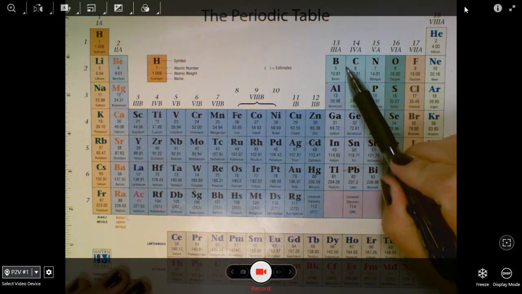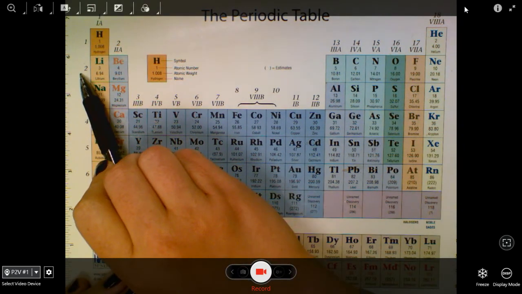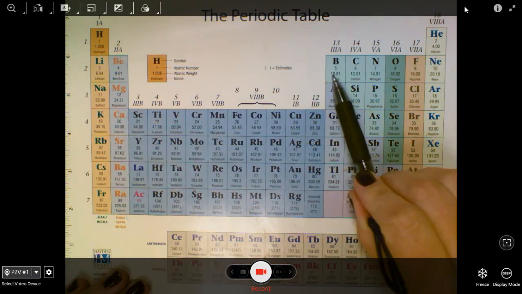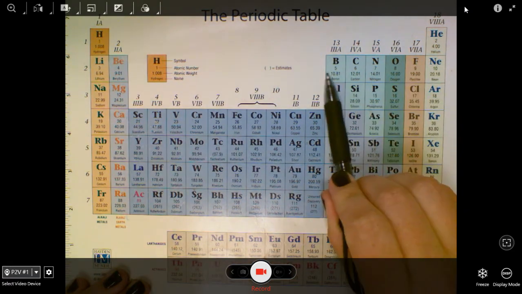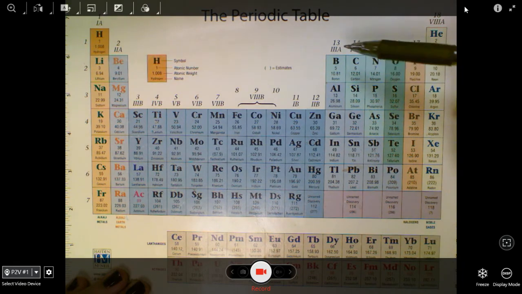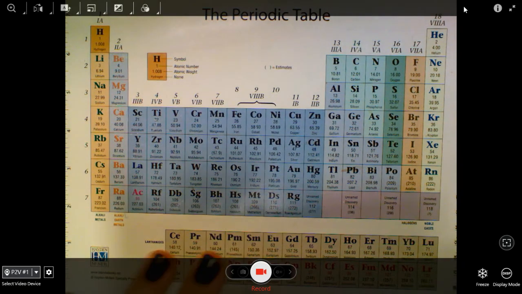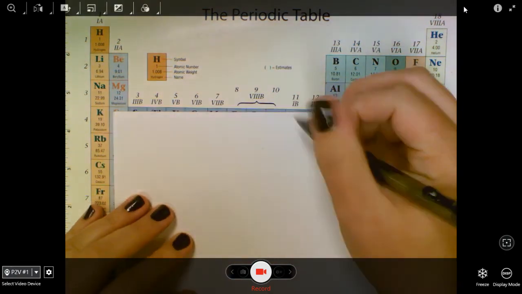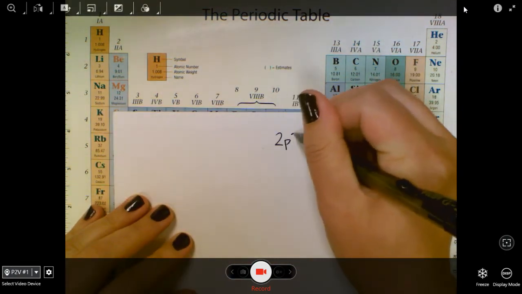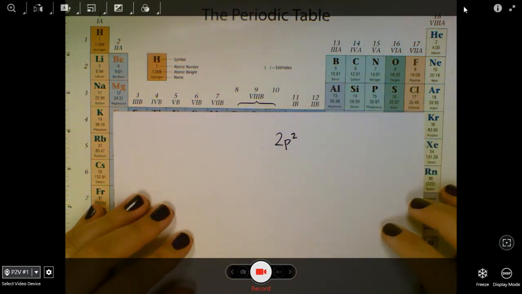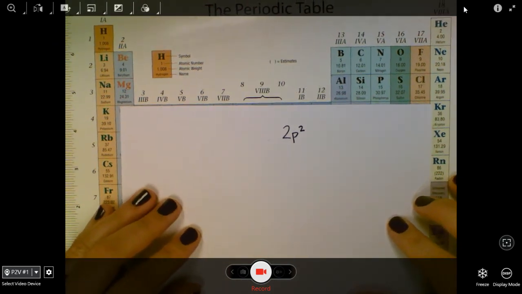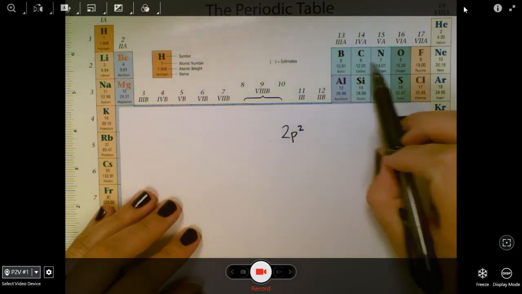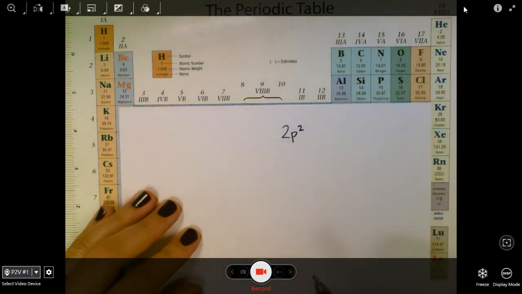When you find it, it's in the second row in the P block, and it ends in the second box. So it already tells you that your electron configuration is going to end in 2p2. Hopefully that makes sense to you because we've got the P shell, second box here.